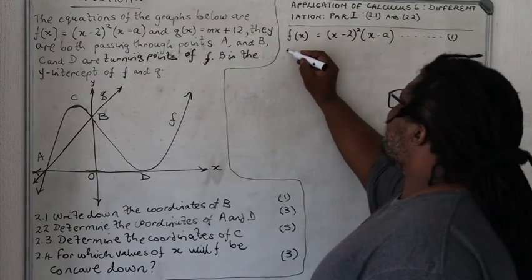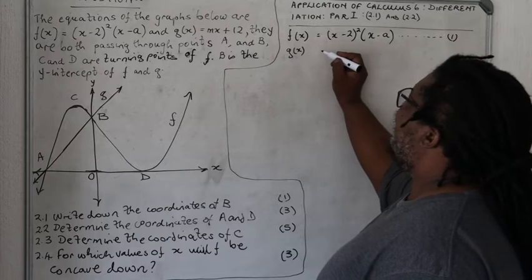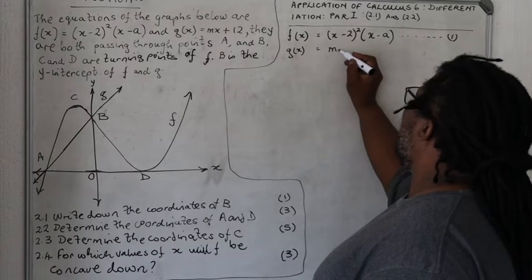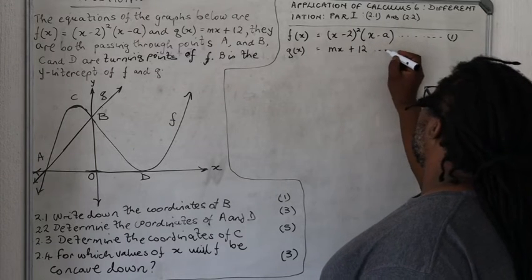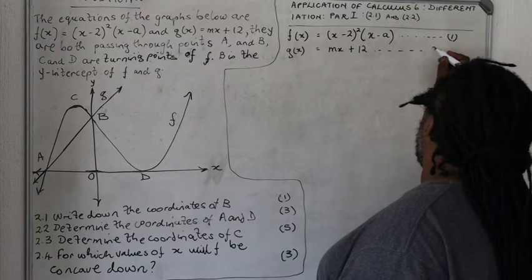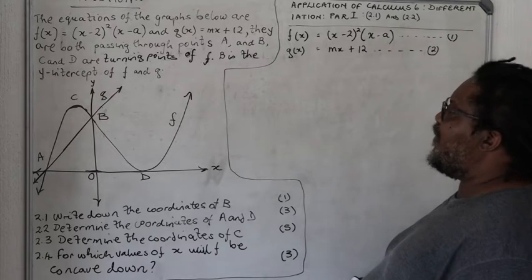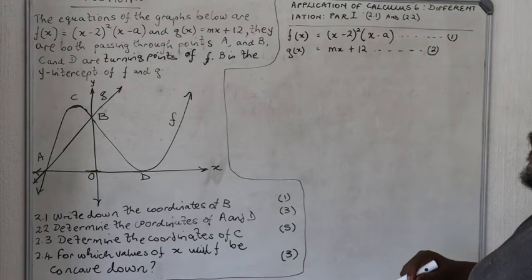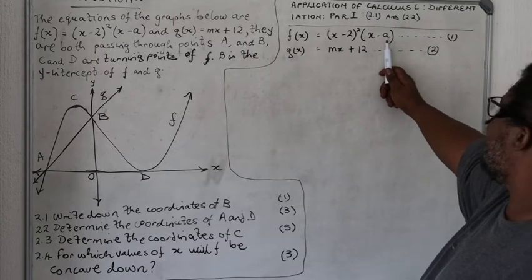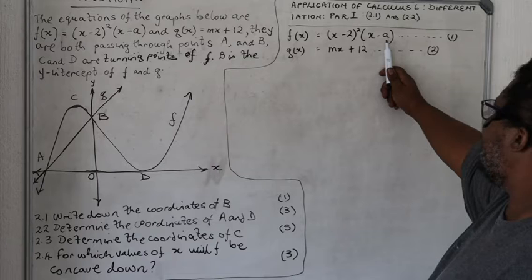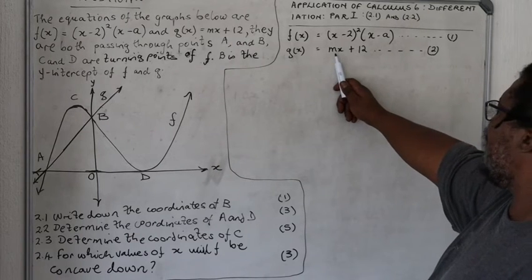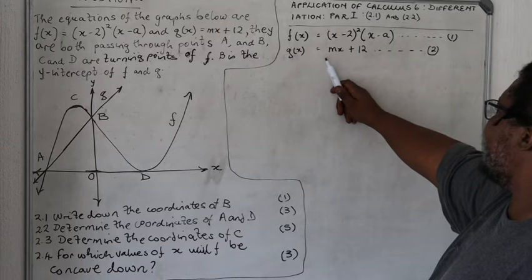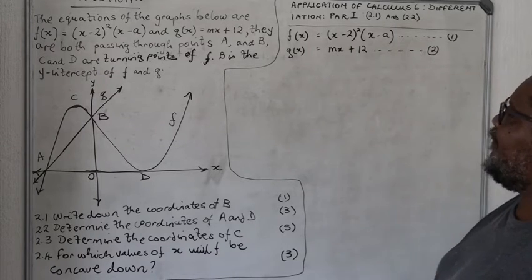Then the second equation is g(x) = mx + 12, and we can call this our equation 2, so that when we refer, we'll just say equation 2. And we realize here that we do not know the value of a. At some point we might need to determine it. We also do not know the gradient of the line, m.